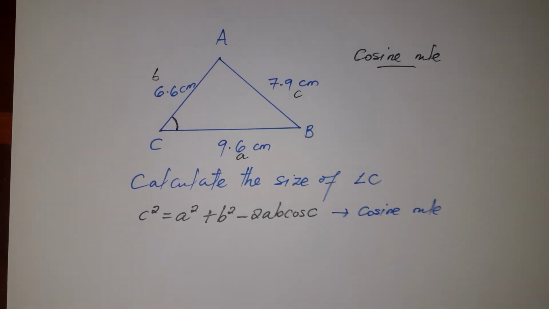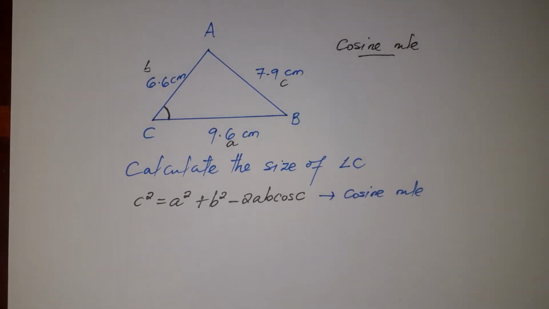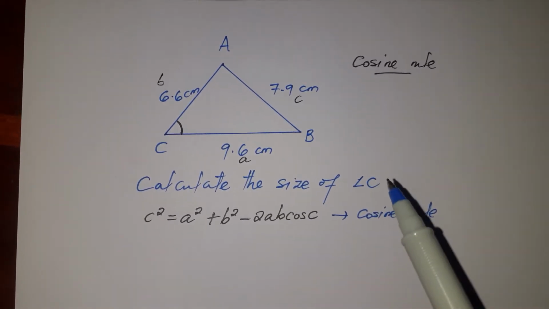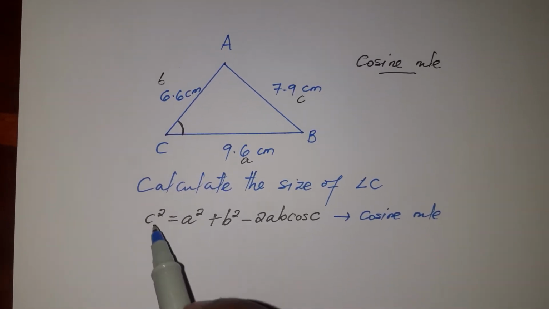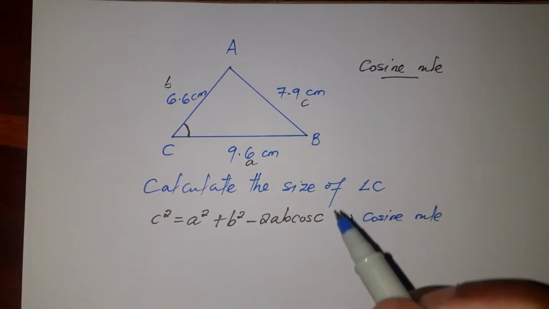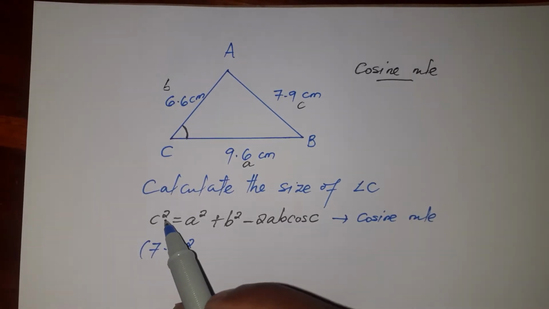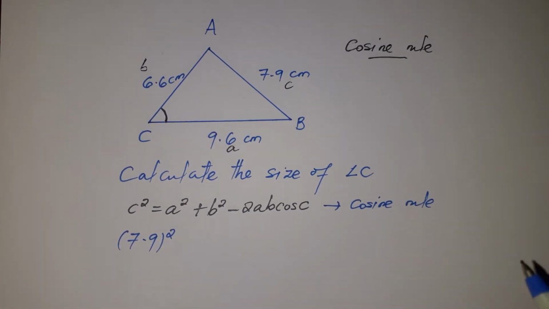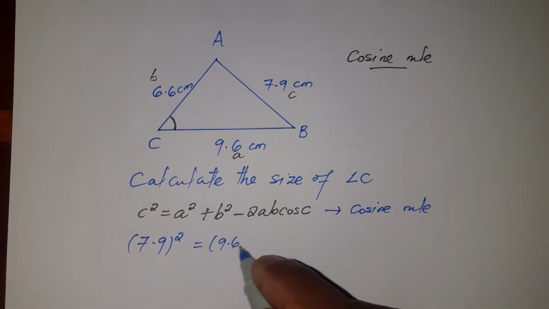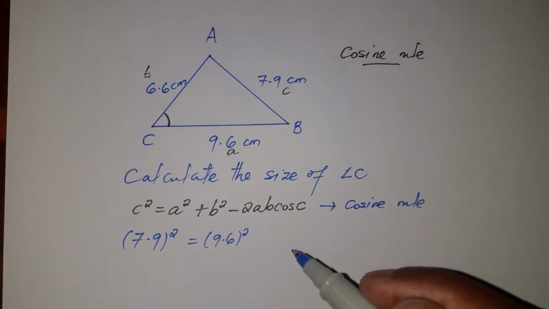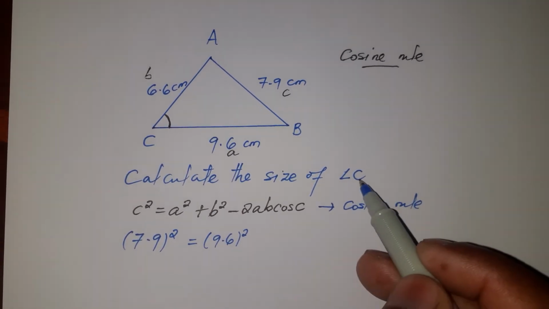Now, what we need to do, we have to substitute in our formula. Since we know our C, our A, and our B, we can substitute. Our C is 7.9, therefore we write 7.9 and then we square, because in the formula we have a square. And then equal to our A, we have 9.6 square. Although they are units, we can disregard that because what we want to find is an angle.